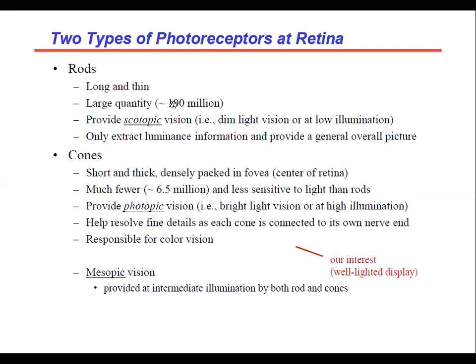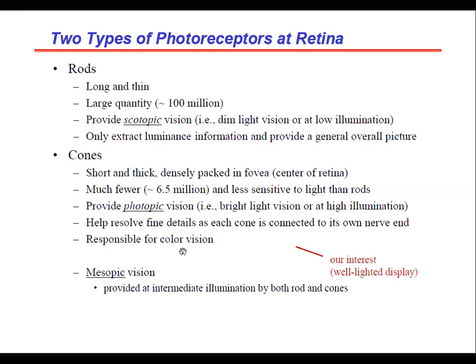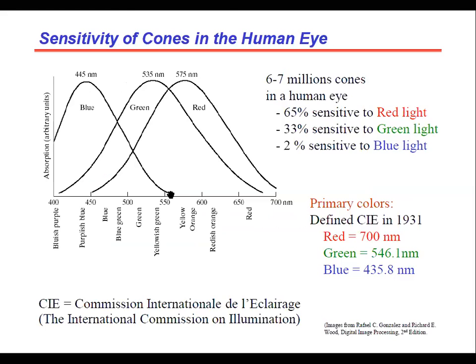So as they say, humans are much more sensitive to changes in intensity rather than the compromises made in the colors, due to the large number of rods compared to the few cones. Cones are less sensitive to light than rods, but the cones give you an impression of colors, though they are very few in number.